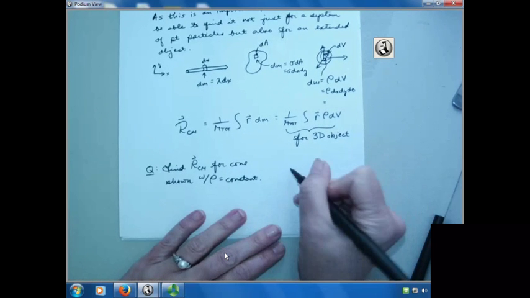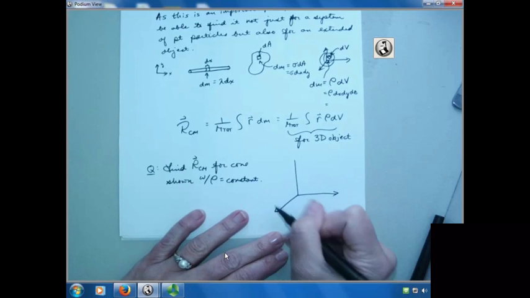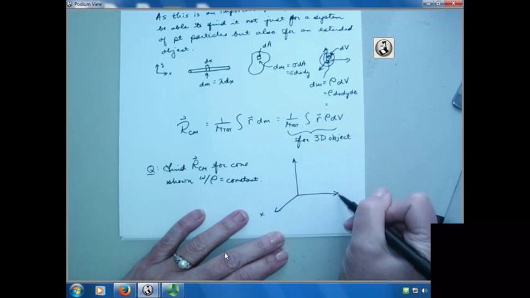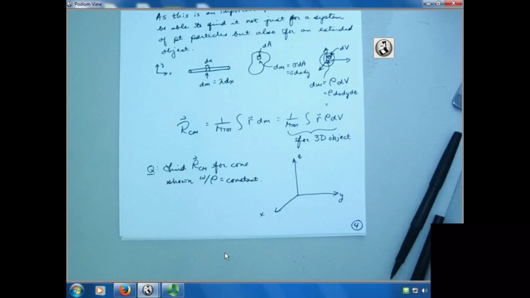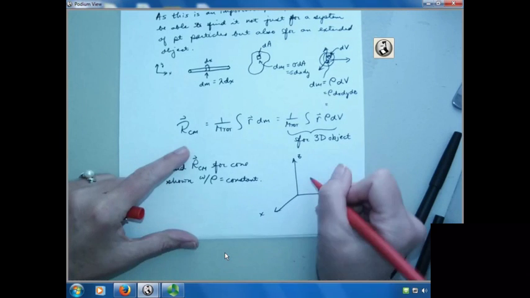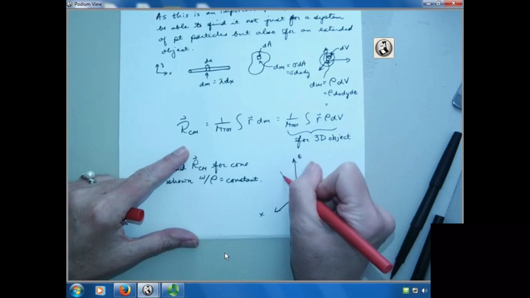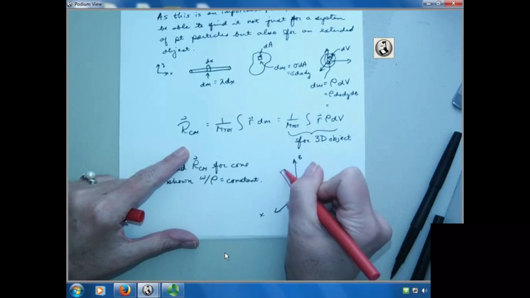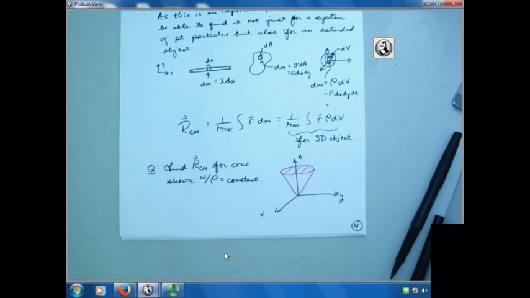All right, so my figure is like so. This cone is just flat on top.